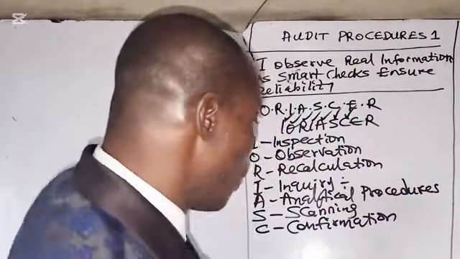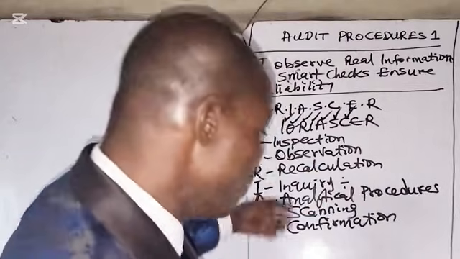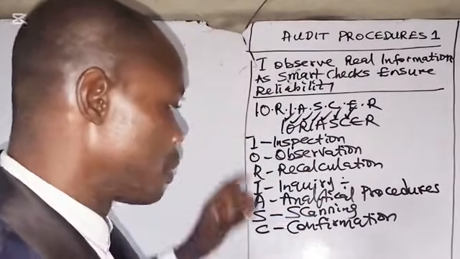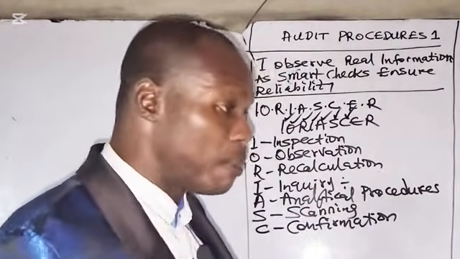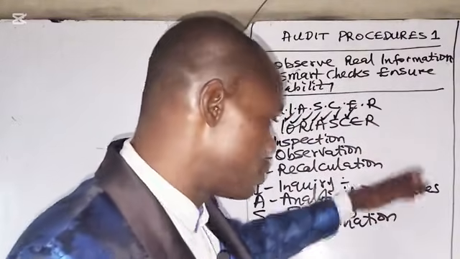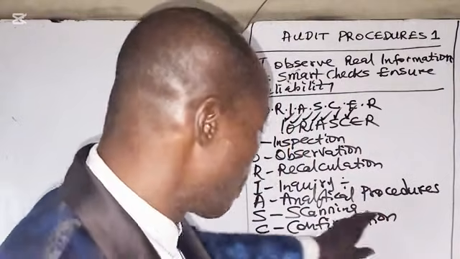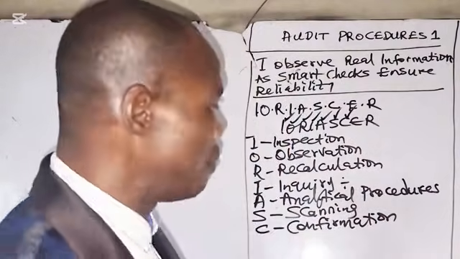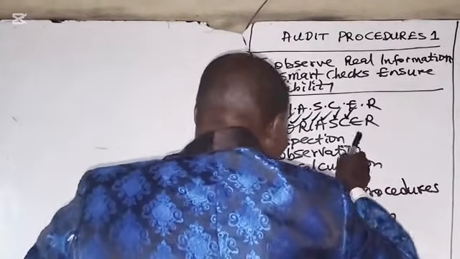That is confirmation. You want to verify if the information is correct. For example, writing to the bank to confirm the cash balance. How much does the company have with them? How much is their bank balance? So you want to compare if the amount reported is correct. That is confirmation.